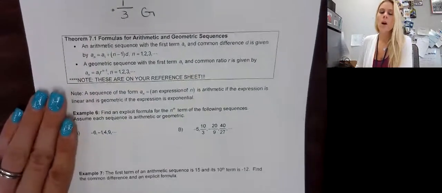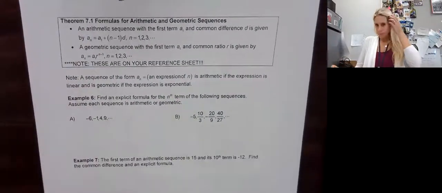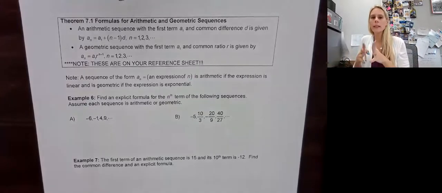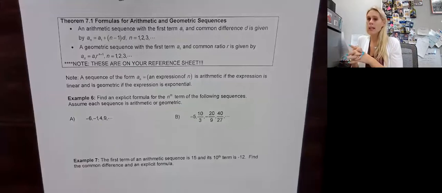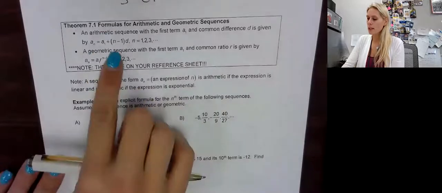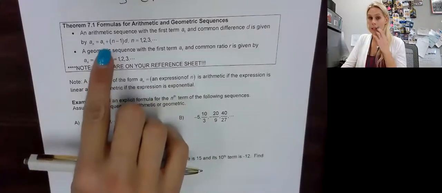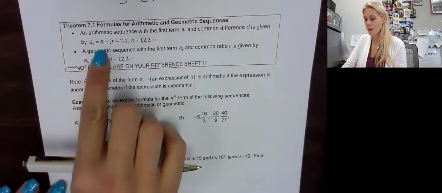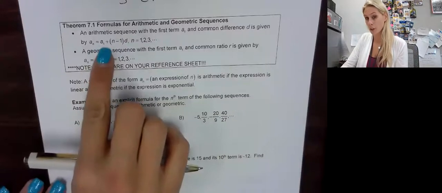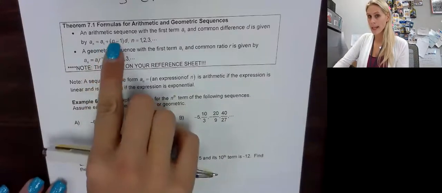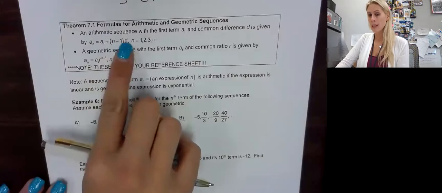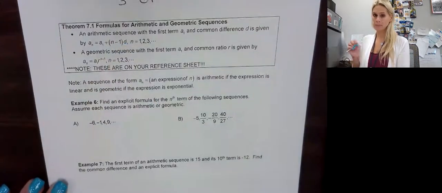Ta-da. Okay, formulas. So a couple things when we talk about making the explicit formula. We have to remember that arithmetic is going to look like this: any term can be evaluated by taking the first term plus n minus 1 times the common difference.